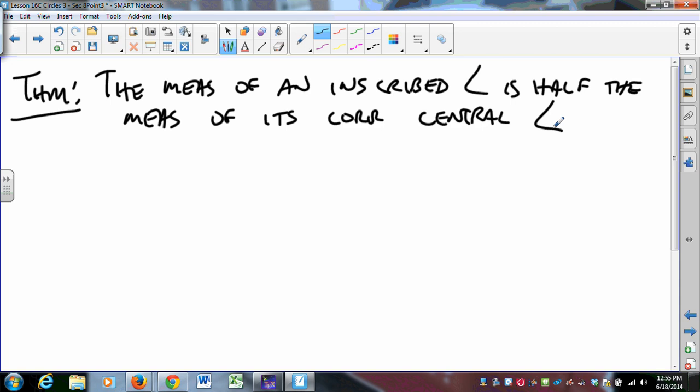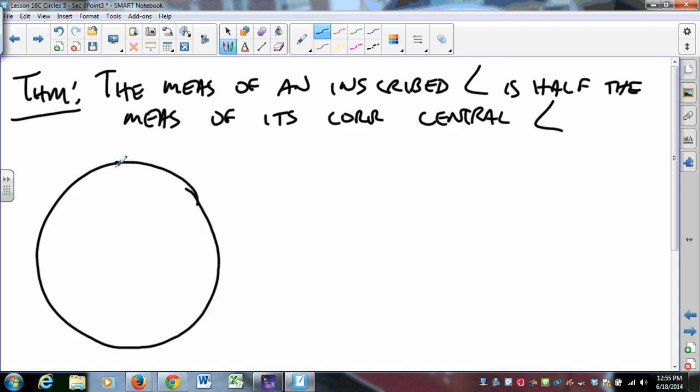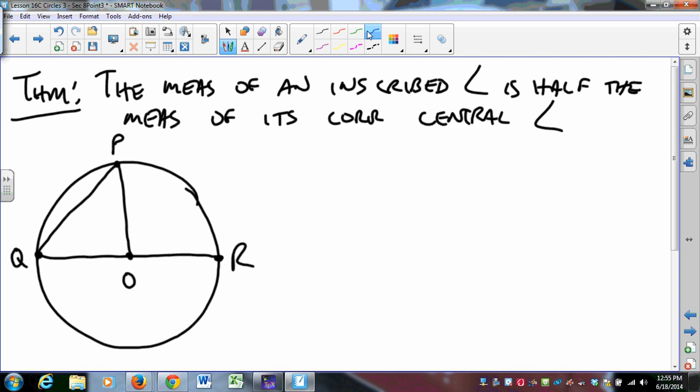Three cases to consider. The first case is the case where one of the rays is on a diameter. So we're going to assume that QR is a diameter, O is the center of the circle, just for argument's sake. The inscribed angle is this angle, call it alpha.